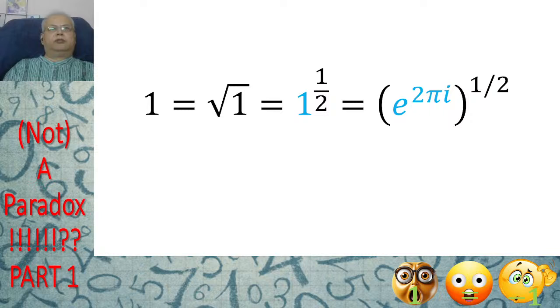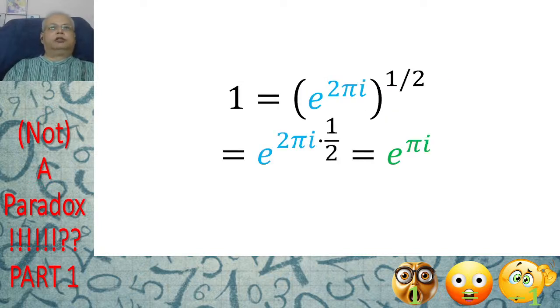Now we have seen from Euler's identity that 1 is equal to e to the power 2 pi i. So for 1 we will write e to the power 2 pi i on the right hand side. So 1 is equal to e to the power 2 pi i, to the power half.